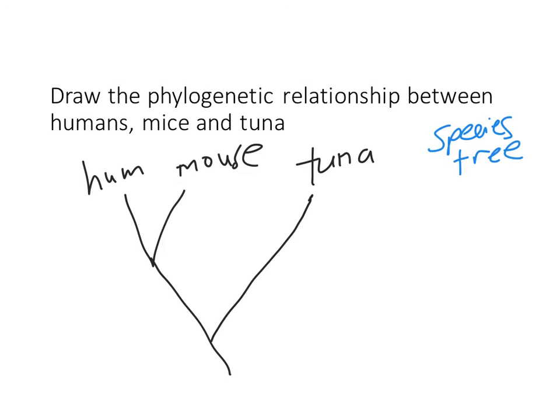I heard we're mammals. So what's a trait that all mammals share? Hair. Okay, that is one way to explain to somebody how I built this tree. I looked at all of the species that I'm representing and I asked, do you have hair, do you have hair, do you have hair? And I made all of the ones that share that trait be more closely related than the ones that don't. As far as I know, tuna do not have hair.